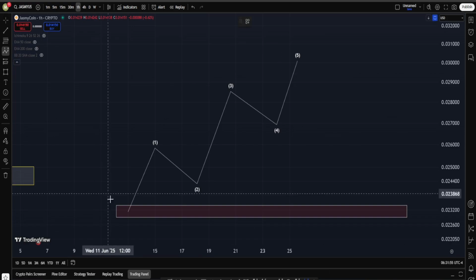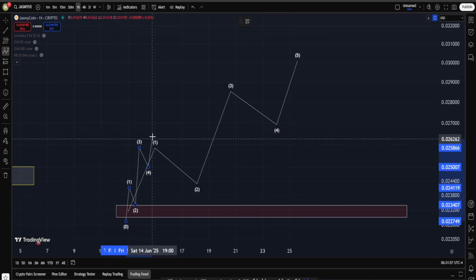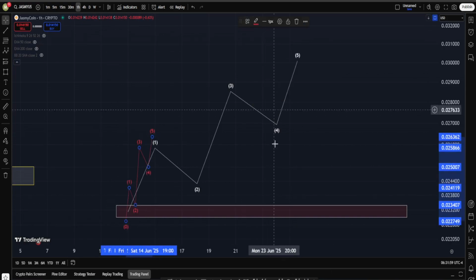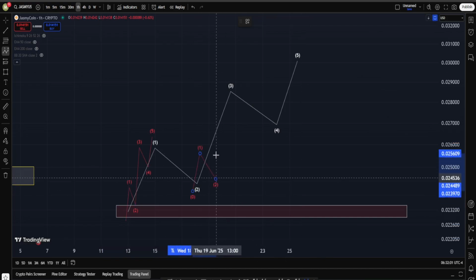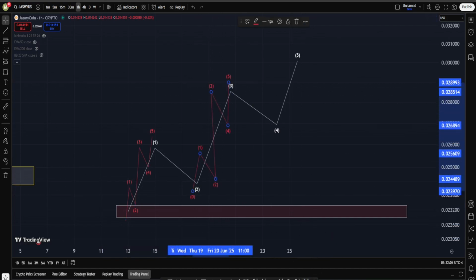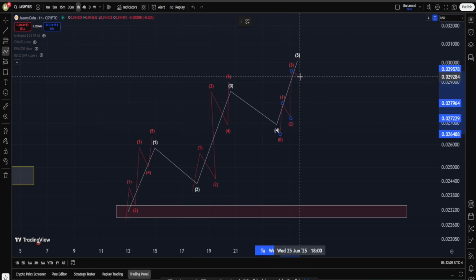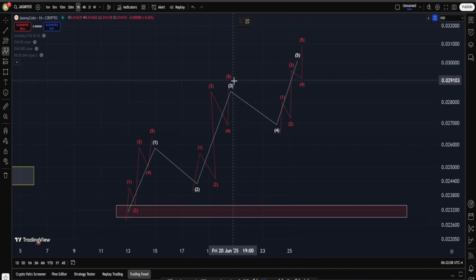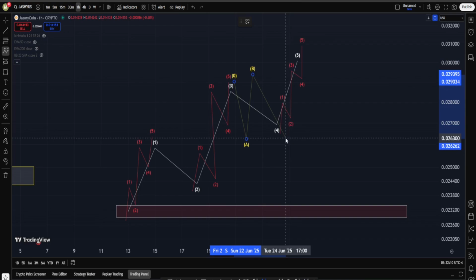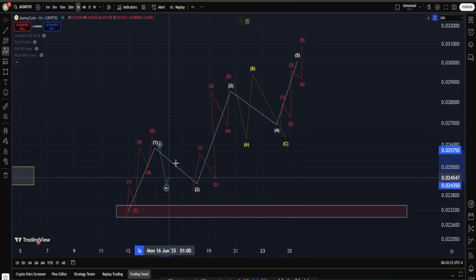Also, in terms of the sub waves, you know what's happening. 5 wave up into wave 1, 3, and 5. And for wave 2 and 4, we can have different scenarios. Maybe, yeah, okay, sure. ABC into wave 4, excuse me, and a WXY into wave 2.